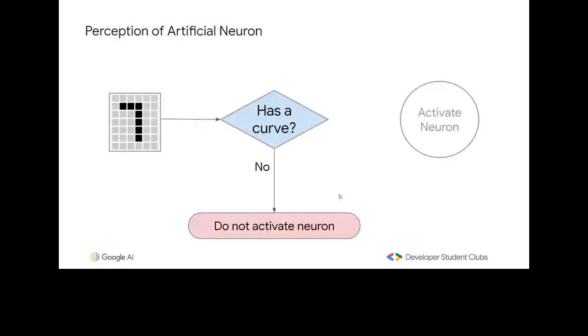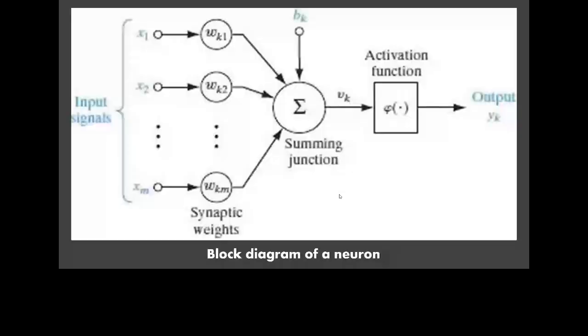So this is basically the block diagram of a neuron. There are three basic elements which can be seen. The first thing is synapses. Synapses are connecting links, and you can see here the synaptic weights. They have a strength, or a weight, which is basically how much you're allowing that input to affect the output.